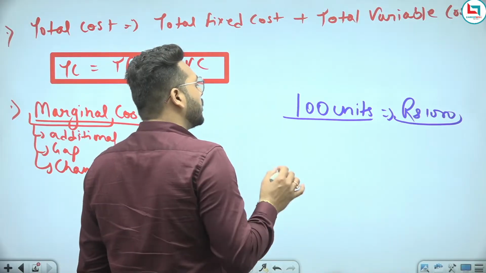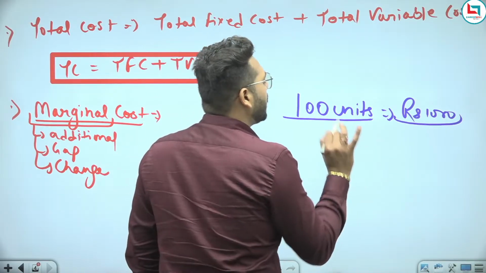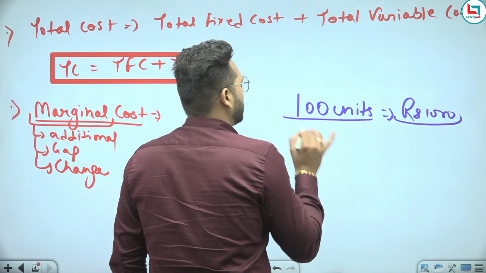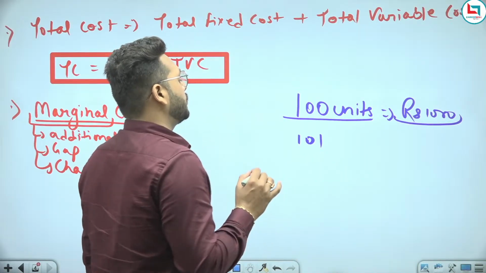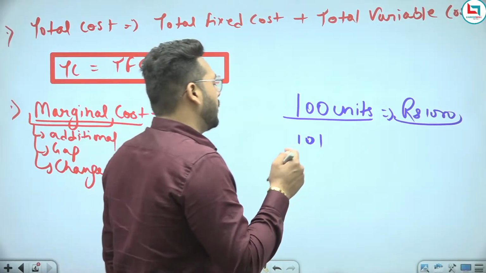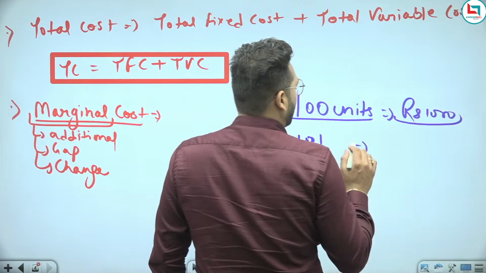Now if you want to produce one additional unit, let's say 101, you have to spend some more amount.